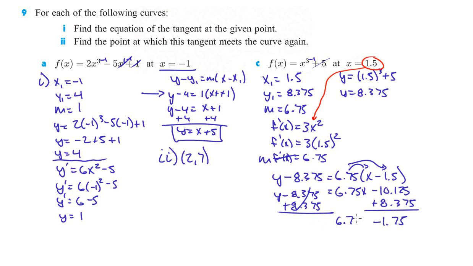So we get 6.75x minus 1.75 is what y equals. So there's our equation.